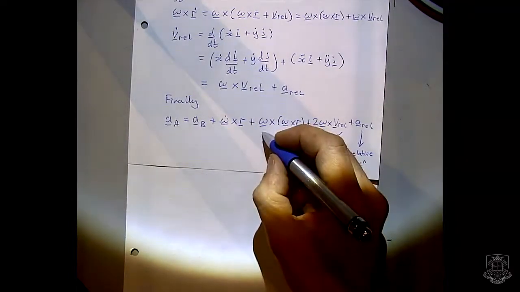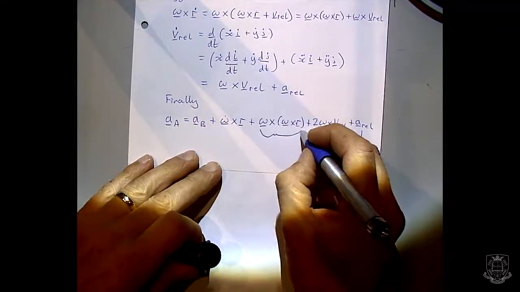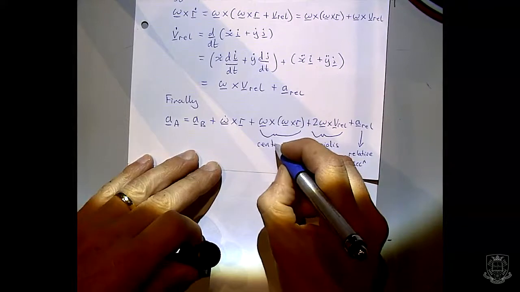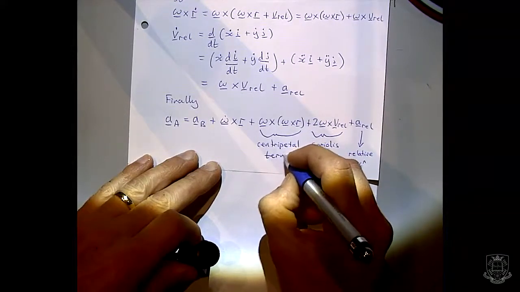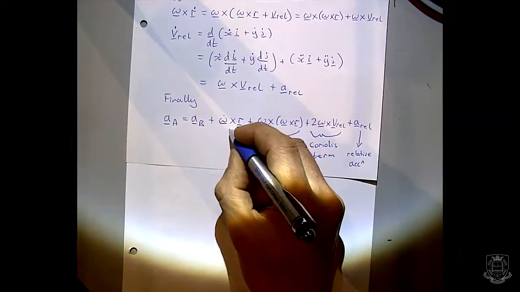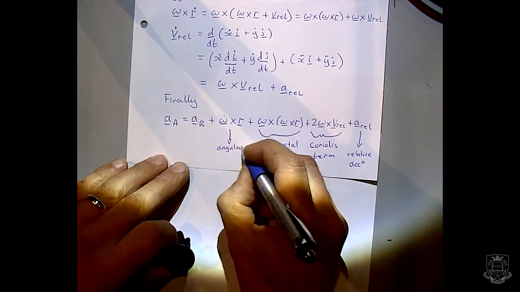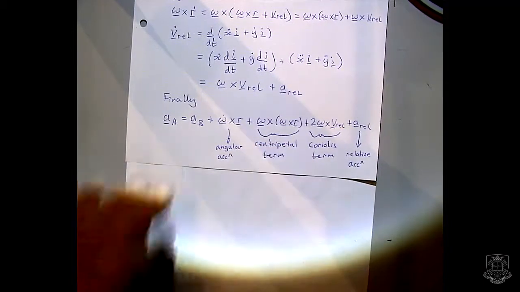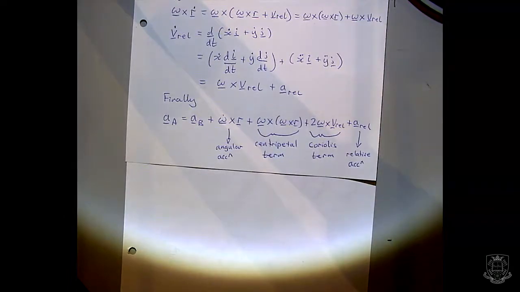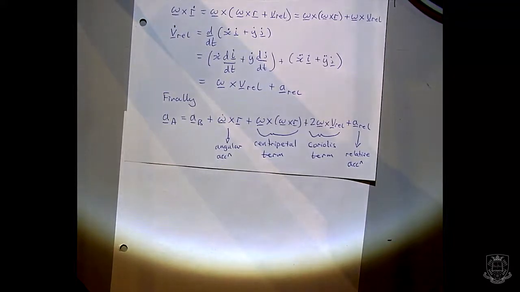This is the centripetal term. This is the angular acceleration. And this, of course, is the acceleration at B. So relating the two together.